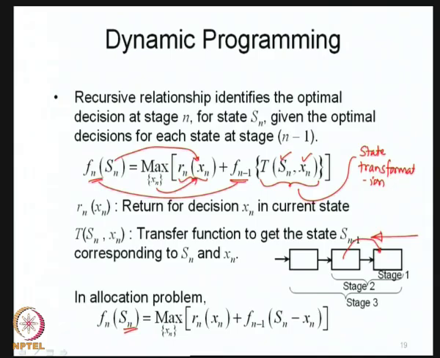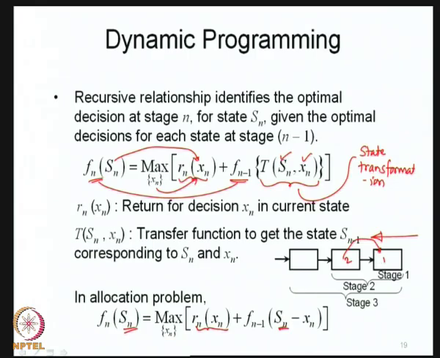We wrote this as maximize over xn, let us say n was 2, second stage, and x2, which was the water allocated to user number 2, and you get a return associated with that decision xn plus Fn minus 1, which, if you are looking at stage 2, is F1 of Sn, which was the amount of water available to be allocated at stage number 2, which consisted of two users, namely user number 2 and user number 1.